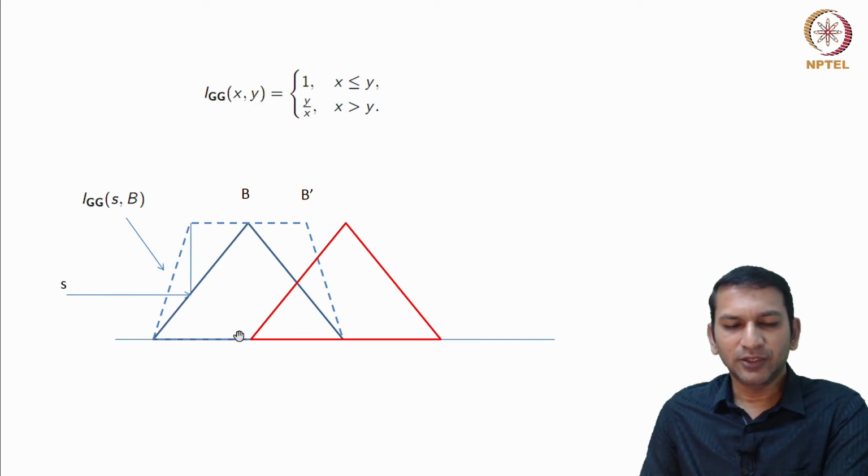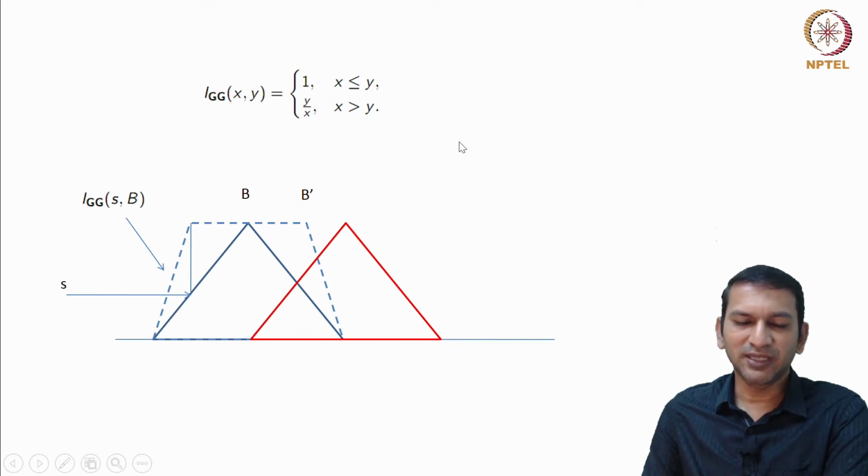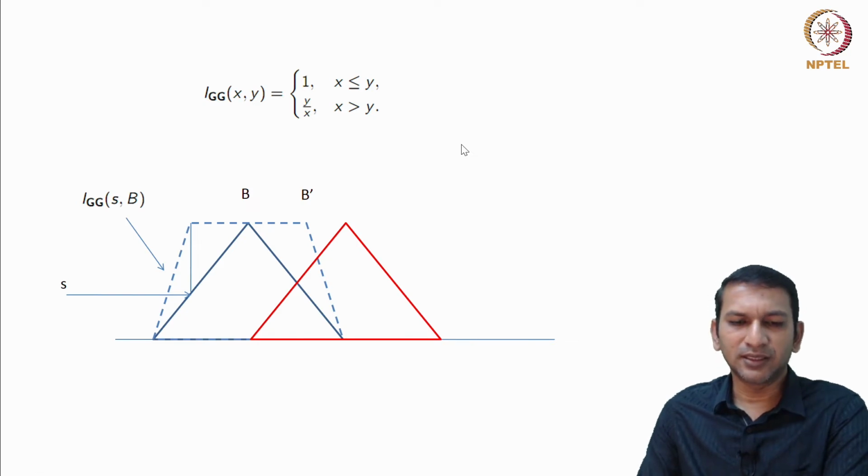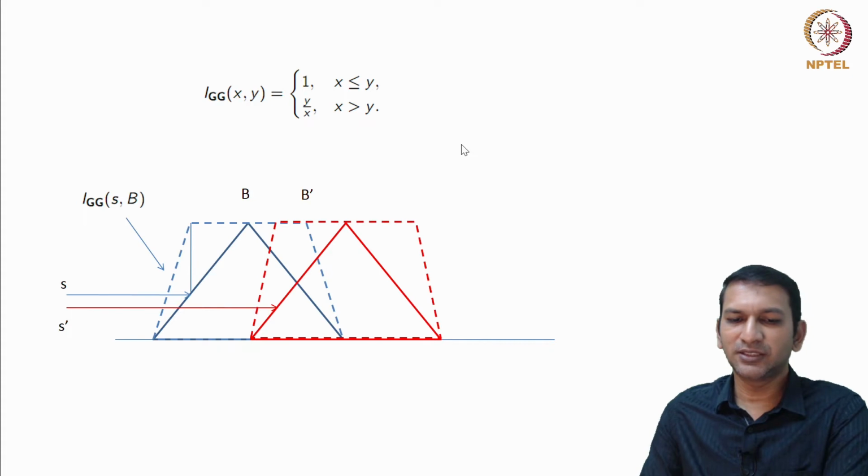Similarly, you can also note that at this point where S is, it attains normality because y by x goes above 1, it touches 1. So similarly, if this is the similarity value S', using this, if you are modifying B', this is how it would look using the Goguen implication.